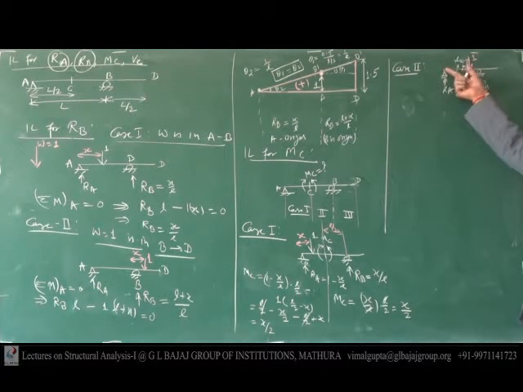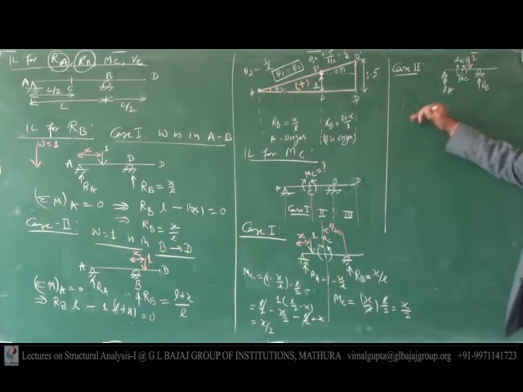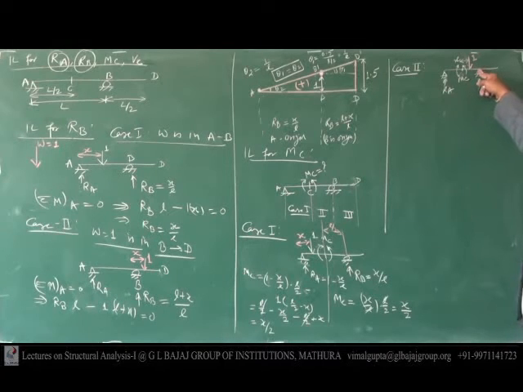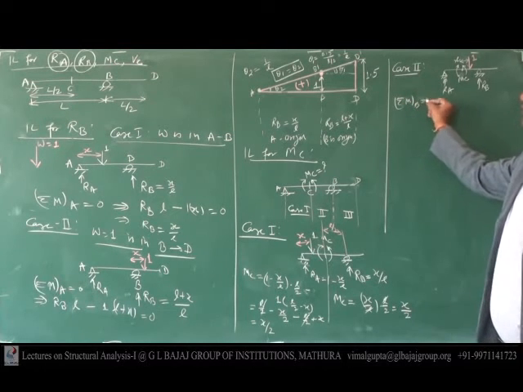This value and calculation of RA is very simple. How can it be calculated? Apply moments at this point, which is B. Sigma M about B equals 0.